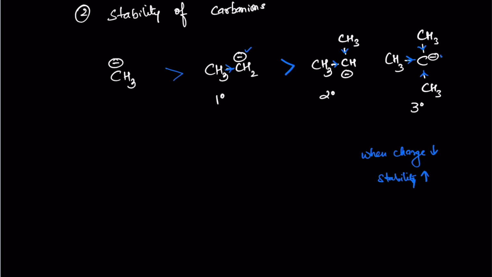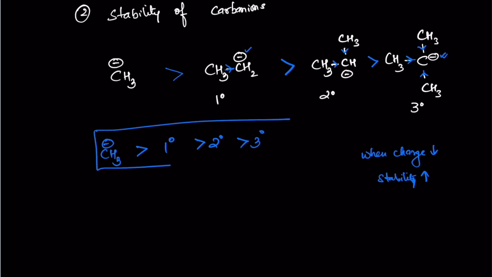So this charge is increased even more and its stability further decreases. So for the carbon ions, the order of stability is CH3 minus is more stable than 1 degree, which is more stable than 2 degree, which is more stable than 3 degree. So the order is reversed in the case of carbon ions.